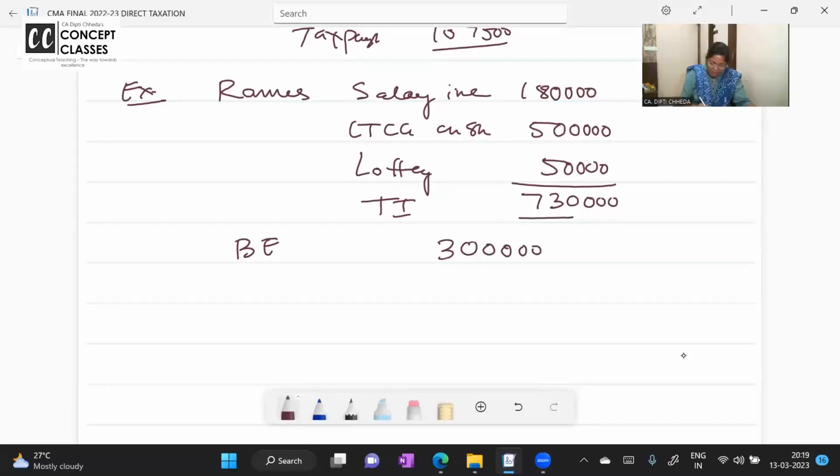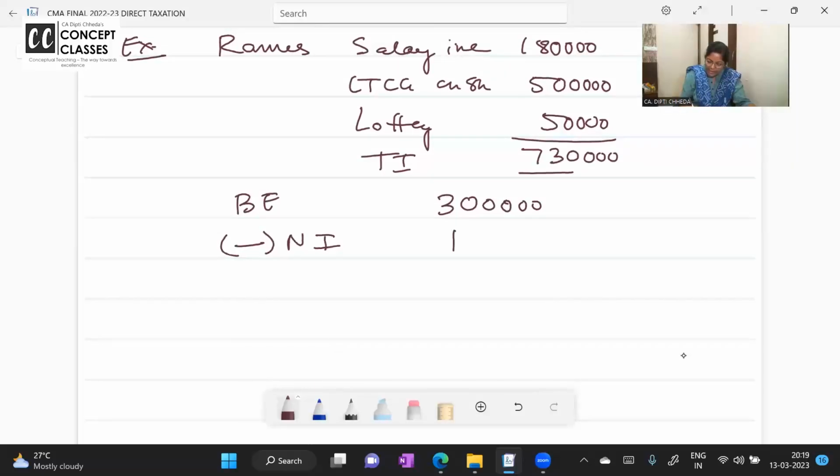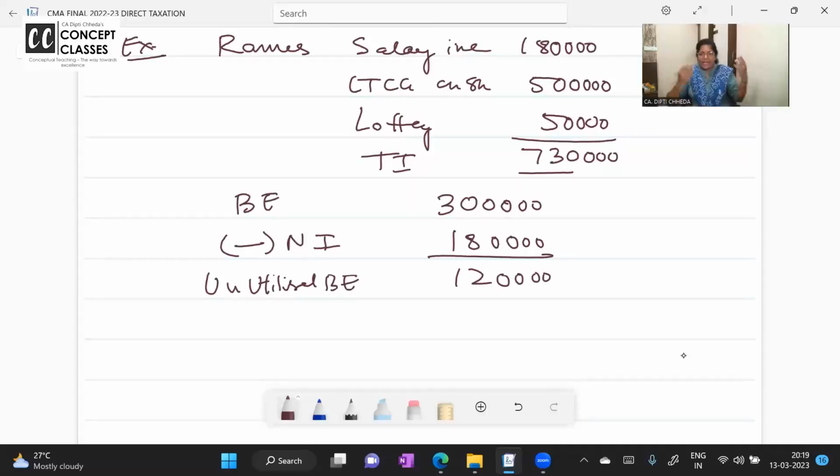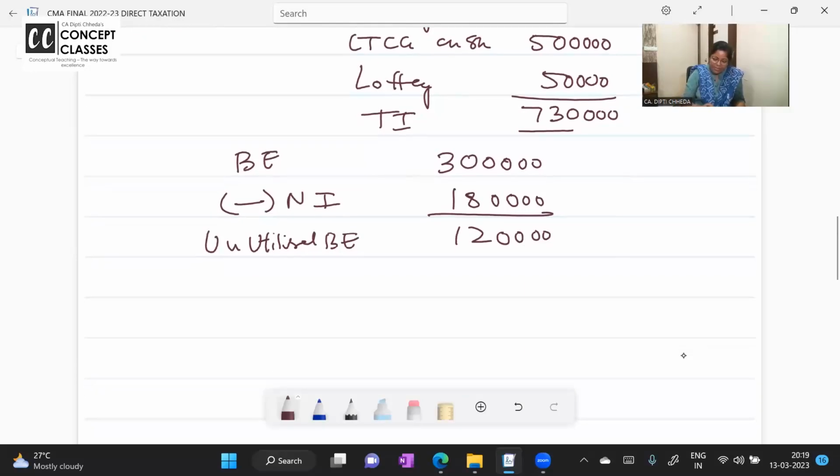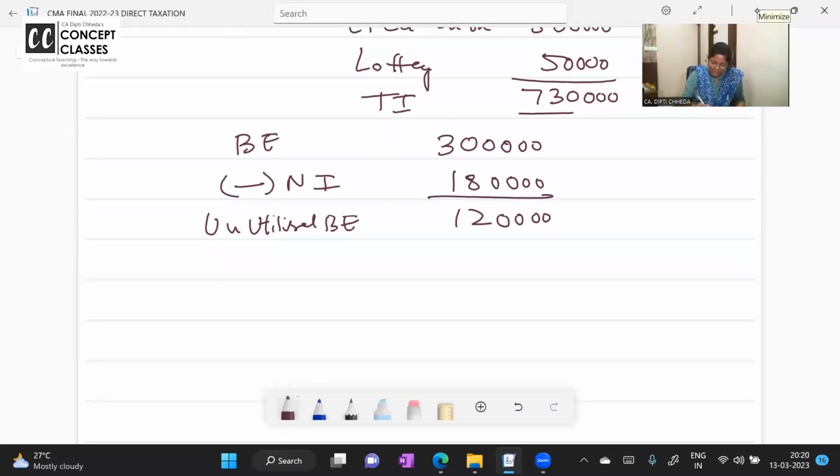What is the normal income, or you can say salary income? 1,80,000. Can I say 1,20,000 is unutilized basic exemption which is not yet used? 120. Can we set off in other income and other tax? Answer is yes.